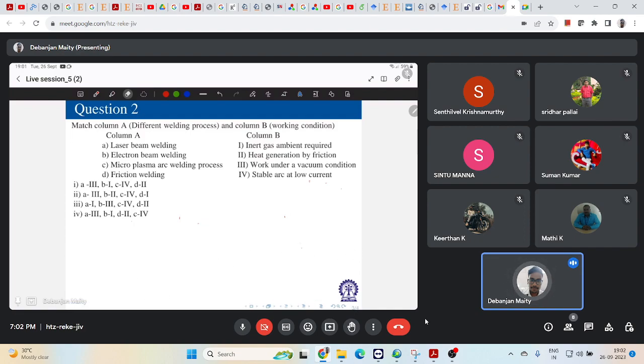So you have laser micro welding, then you have electron beam welding, plasma, and we talked about friction welding.